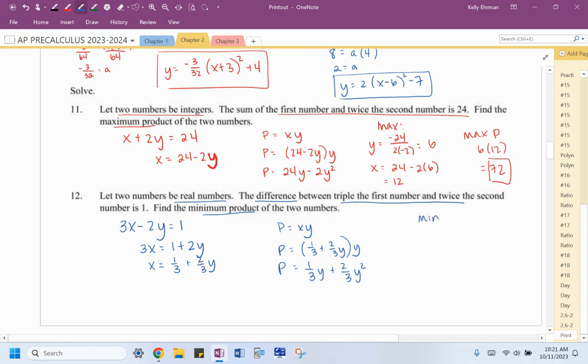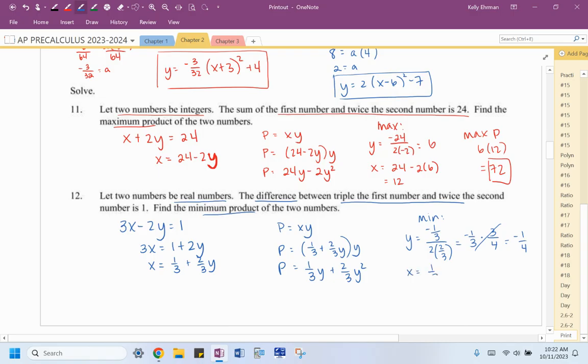Find the minimum, which is the vertex again. Y equals negative b over 2a. Negative 1/3 divided by 4/3 is like times 3/4. Again, find x. Instead of plugging this in a product, just find x.